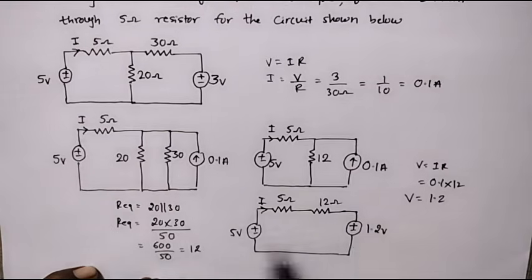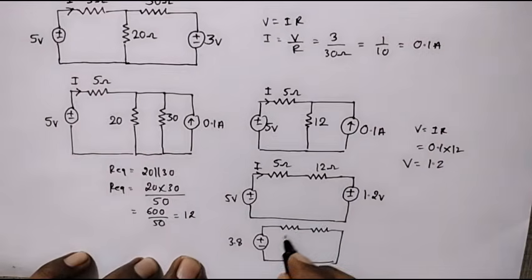So we are supposed to take the difference of the voltage values, that is 5 minus 1.2 gives 3.8. The magnitude of this is 5, this is 12. So in this loop current I is flowing.